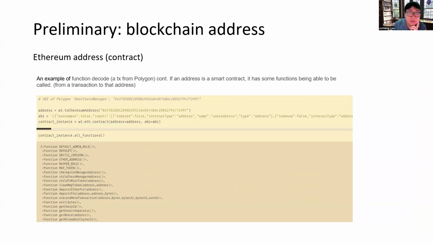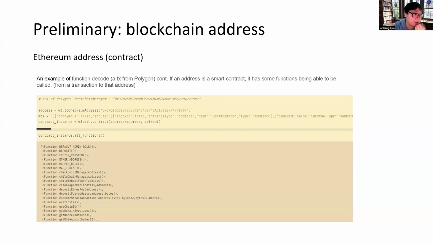And this is an example of what the contract looks like. If you extract the functions of this contract, you will see this. So this contract 0x37D2 something. If you grab the ABI of that contract and decode it, you can see above there is actually a list of functions available in that contract.